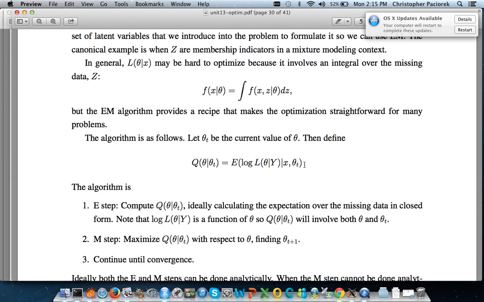So this is just the expected value of z equals k, but under the conditions that I stated here, given the x and given theta t. I've just put in the x_i, because the observations are all conditionally independent of each other, so the other x's don't matter for this particular z_i. And then I've explicitly written out the parameter values that I'm going to use in calculating this conditional probability. I'm going to use that mu k is equal to the current value of mu k, the tth one, the same for sigma and the same for pi.